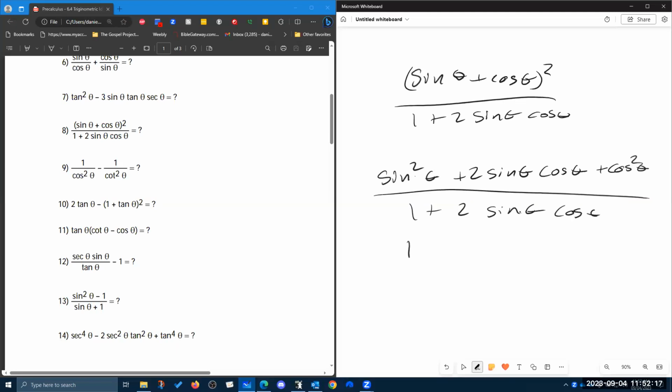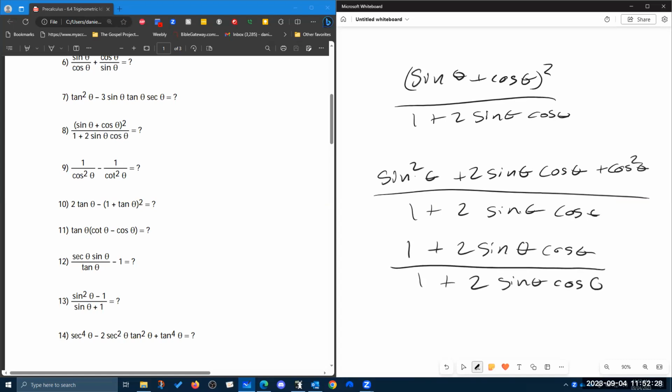Sine squared plus cosine squared is 1. And we have the same thing in the top and the bottom. So this is exactly equal to 1.